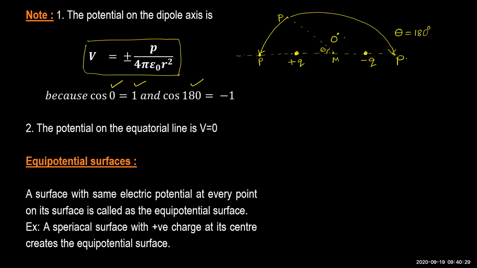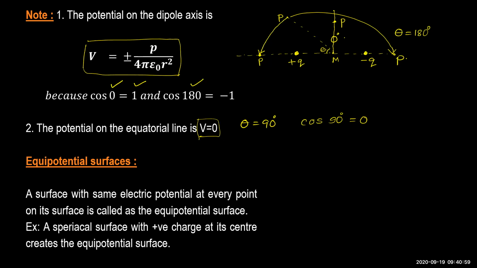Right? So if the angle theta is equal to 90 degree, that is if you consider P on the equatorial line, then we know that cos of 90 is 0, and the entire potential will be 0 here. At any point on the equatorial line, the potential will be 0.